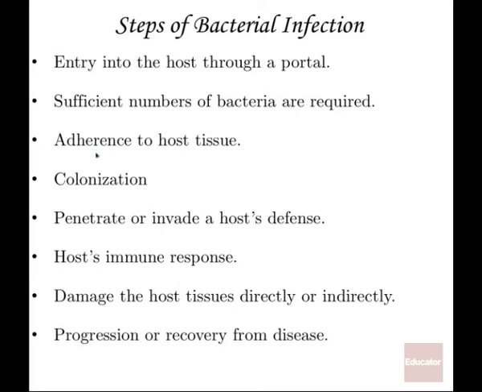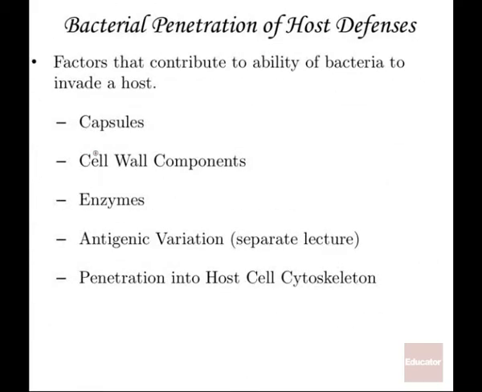So in terms of the penetration, we saw that these bacteria had capsules, and that there were certain components in the cell wall. We had enzymes, we had M proteins, we have fimbriae, we have that ruffling mechanism.